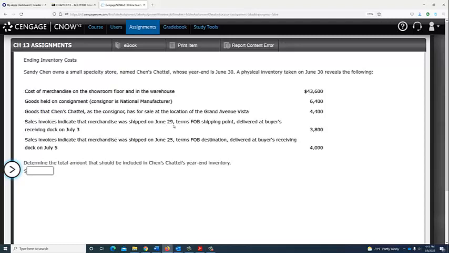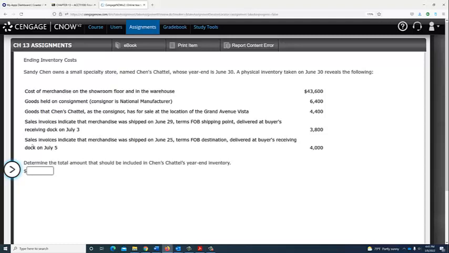On this one, we have shipped these goods FOB shipping point. That means that the buyer is paying as of the 29th. Those goods belonged to the buyer as they were shipped. So we would not include the $3,800.